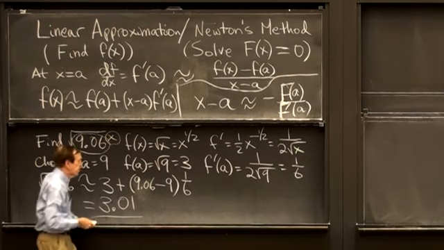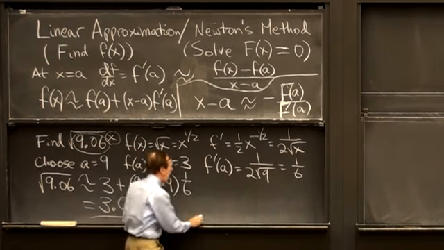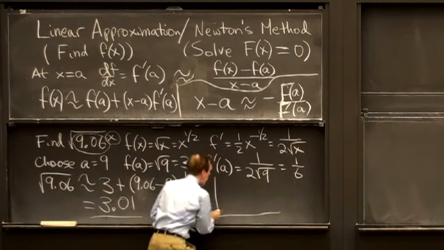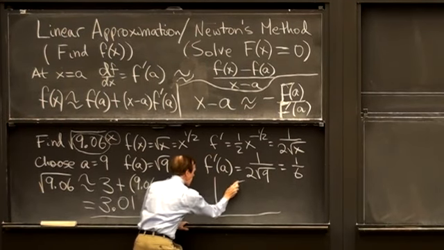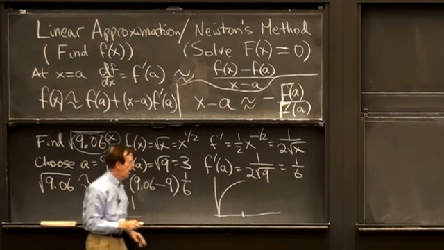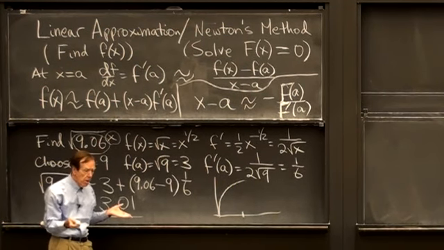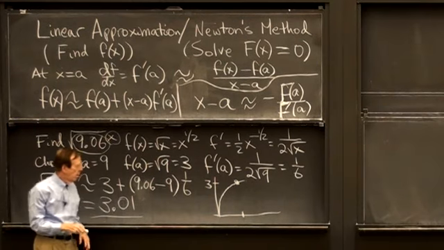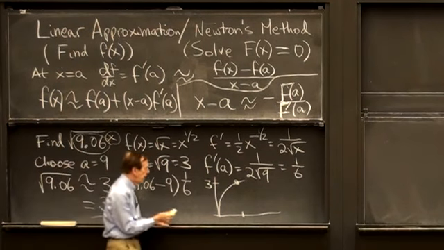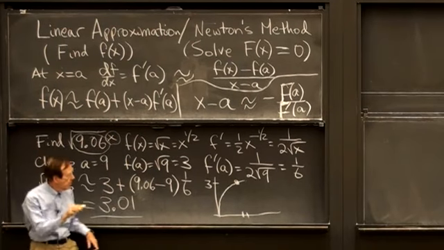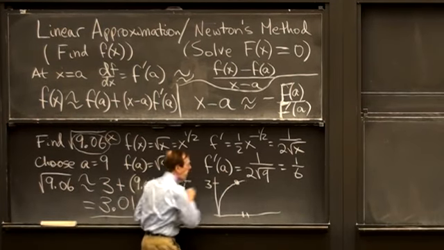Let me draw a graph to show you what I mean by following the line. Here's my square root function. The square root looks something like that. And here's the point x equal 9, where I know that the height is 3. What else do I know? Here is 9.06, a little further over, and I'm looking for that point.